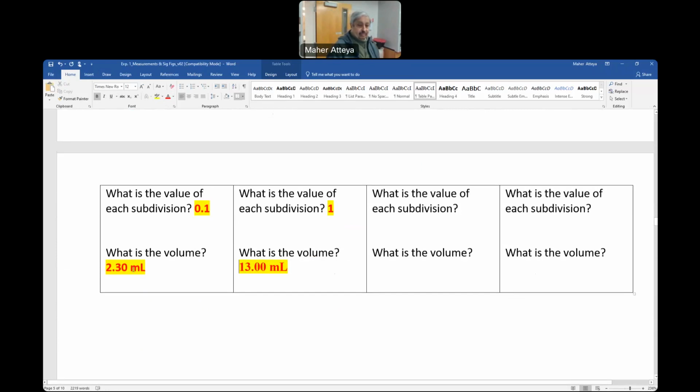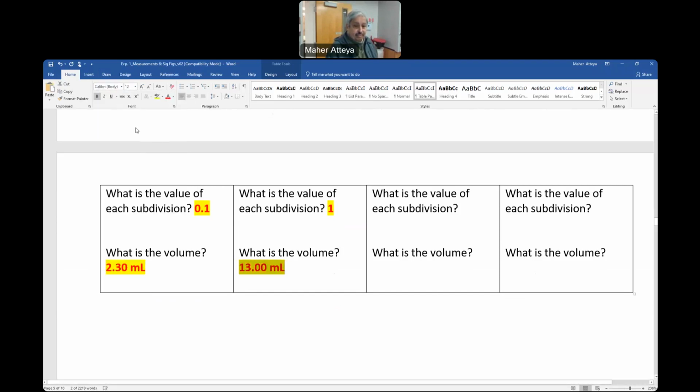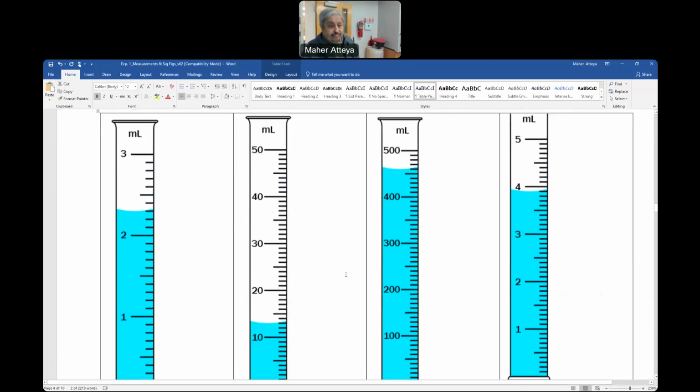So this one is 12. Have to be consistent with the same value. So, the third one. What is the subdivision on this? How much? 10.